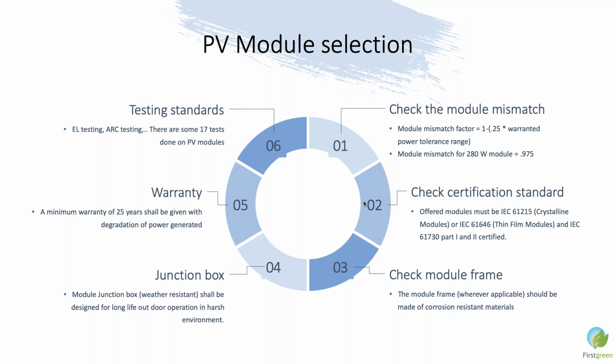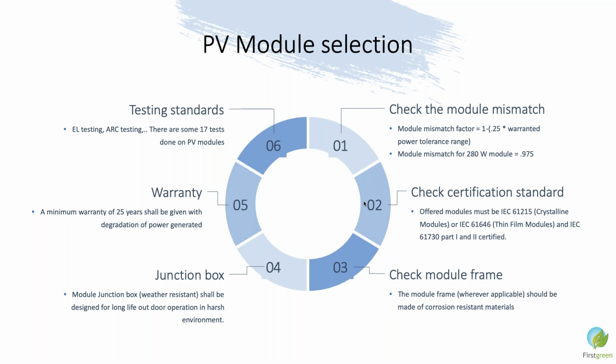Then you should also check what type of certification standard the module qualifies. Typically, polycrystalline modules qualify for IEC 61215, and for thin film it is the 61646 standard. Generally, most of the modules qualify for these, but you can check whether the module is meeting those standards or not.